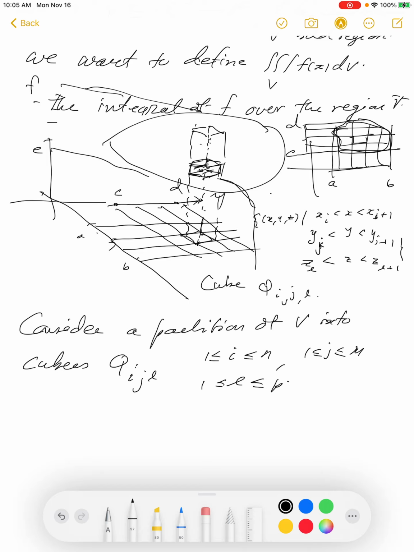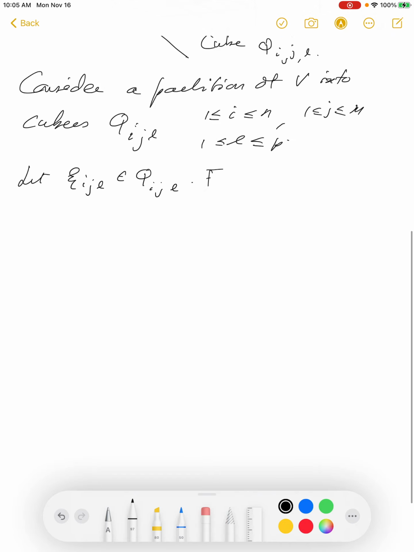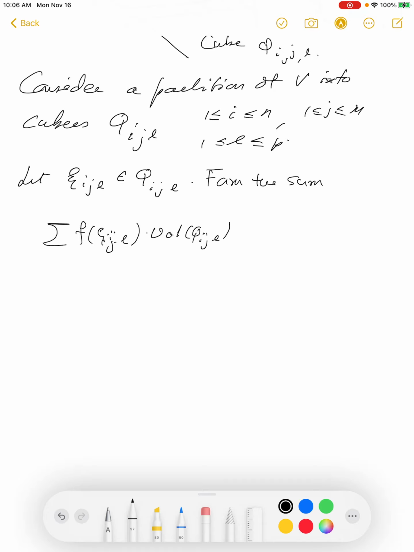And then I take the function's value at any point. So let psi_ijl be any point in this cube, and form the sum of the function's value at psi_ijl times the volume of Q_ijl, and you take the sum over i, j and l.